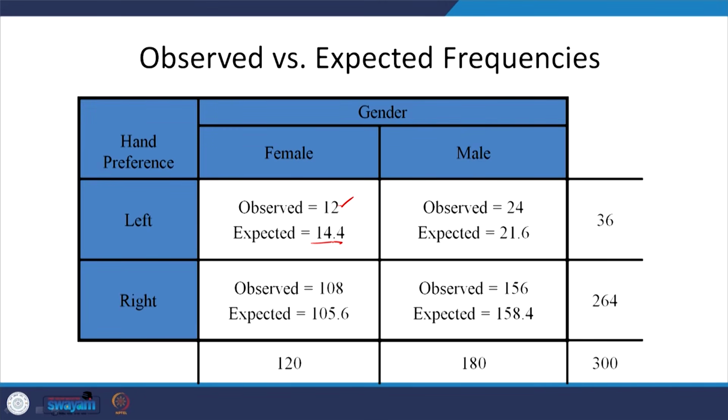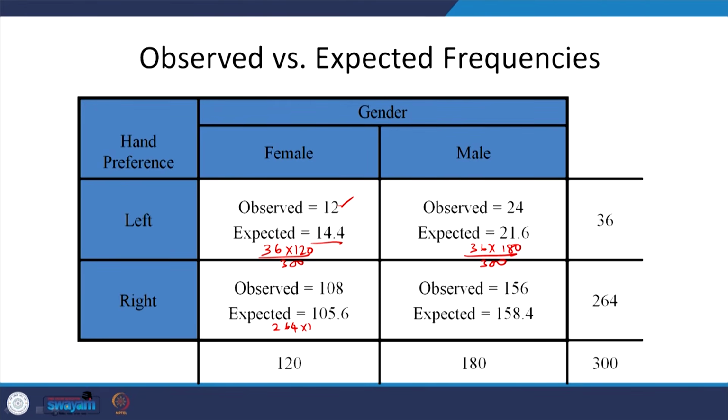We got this expected frequency as 36 multiplied by 120 divided by 300. This one is 36 multiplied by 180 divided by 300.